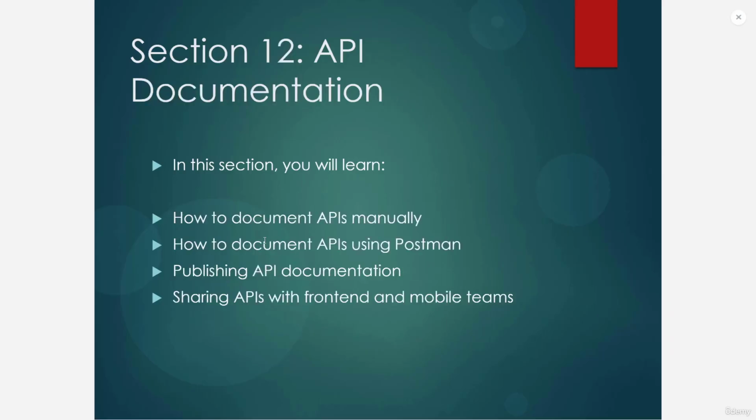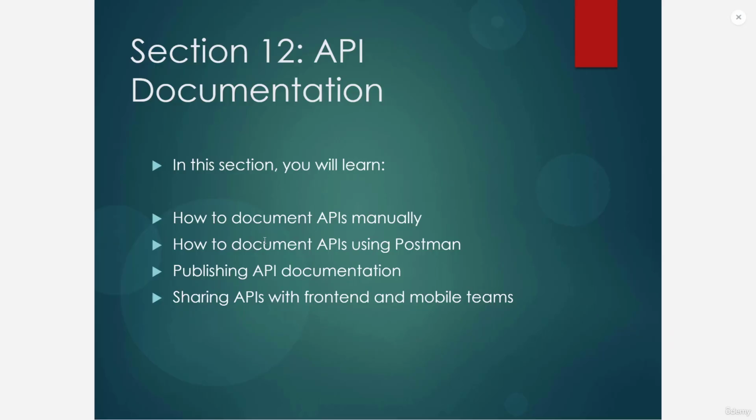Right after this, you're going to learn about API documentation, why it's important to document your API, and how to communicate your endpoints, your responses, your requests, your application in general to front-end developers, whether it's mobile or web.